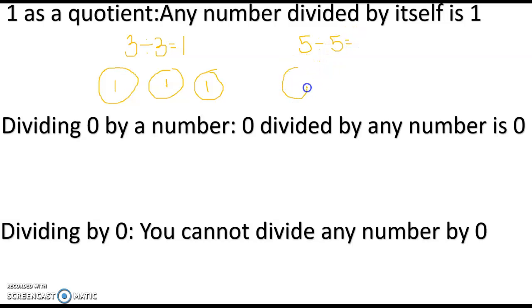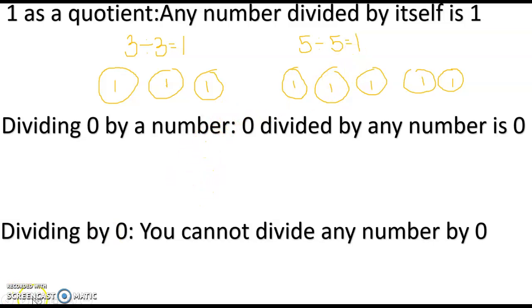So 1, 2, 3, 4, 5 groups. We're distributing 5. 1, 2, 3, 4, 5. There's 1 in each group. So any number divided by itself equals 1. Think of it if you have 5 friends and 5 cookies. You each get 1 cookie.